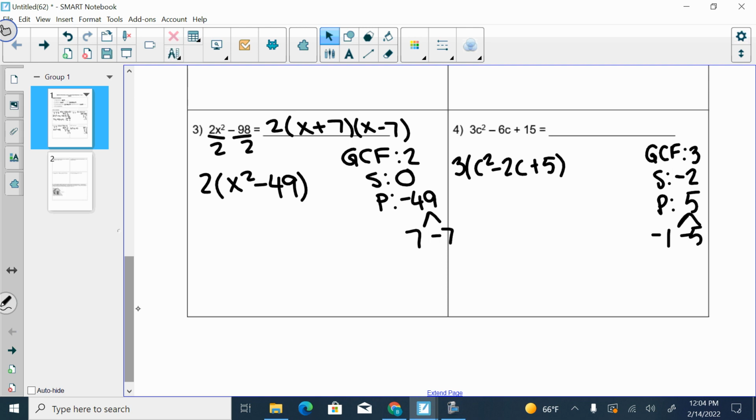No. But there's nothing else that multiplies to give me 5. It's a whole number, right? We could probably find some decimals, but no whole numbers. So this one is not possible to factor.